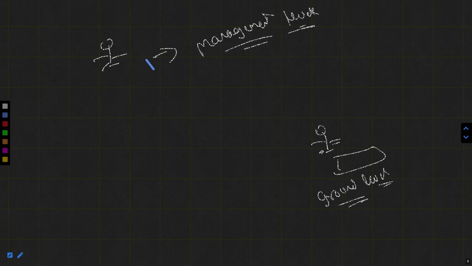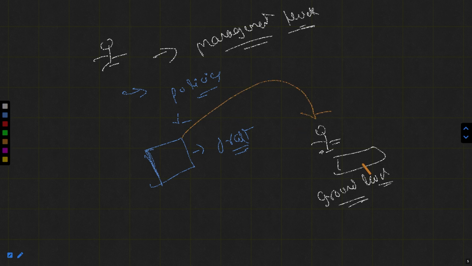Management level people basically make policies. Policy means a draft on which the things which are required to be done are mentioned, and how the things will be done is all mentioned on this draft. Thereafter, this draft will be handed over to the person on the ground, and this person is responsible for implementing it.